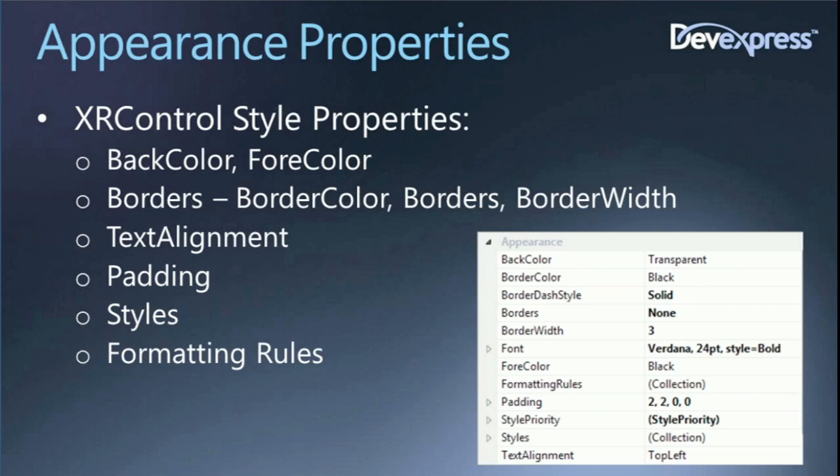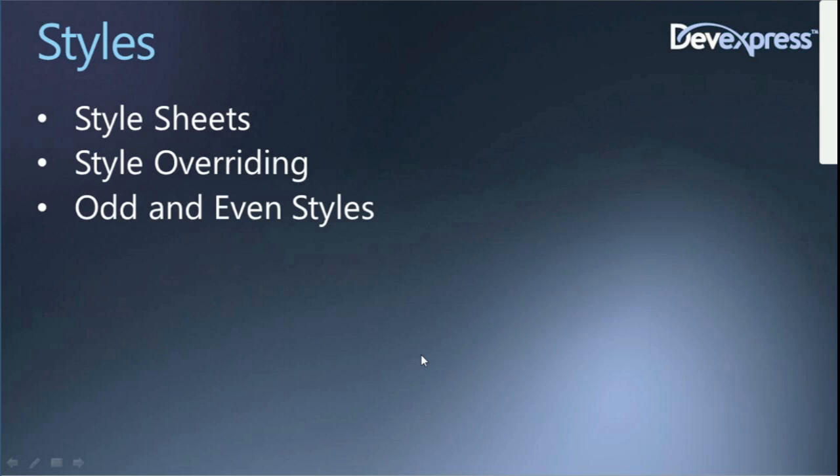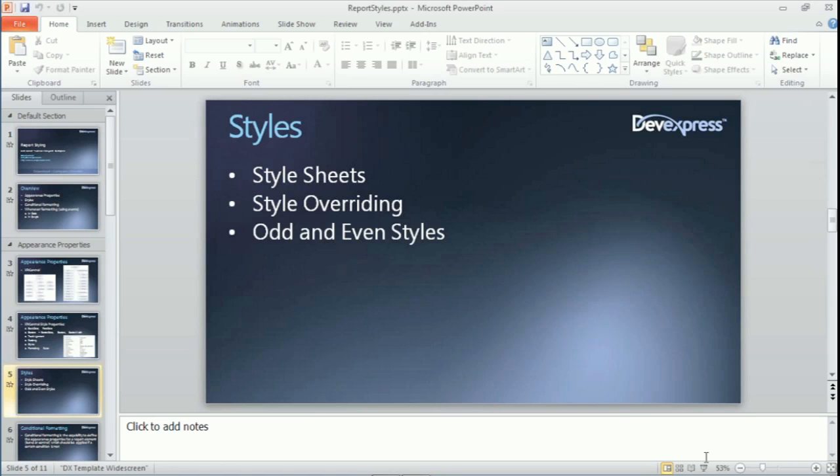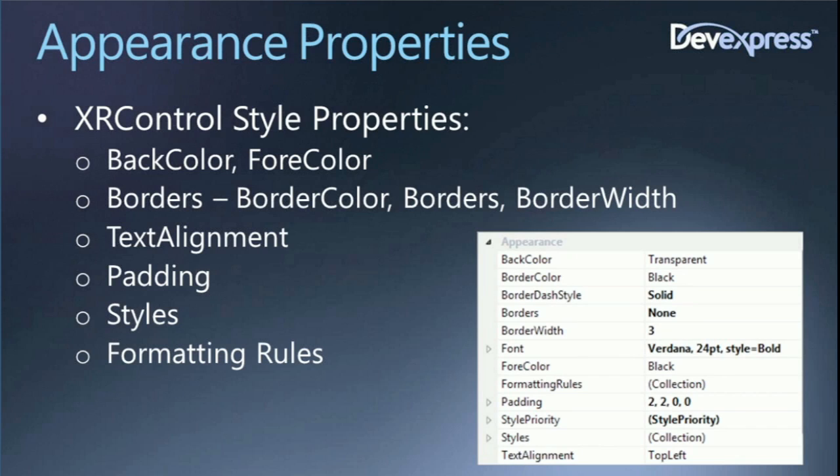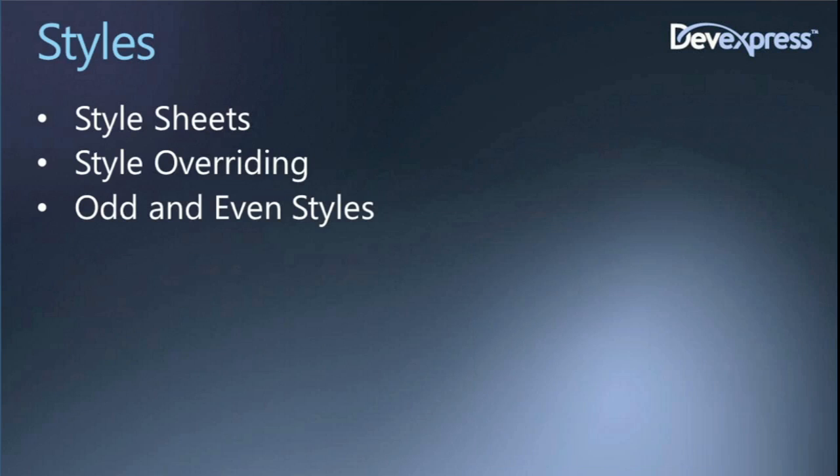We have text alignment, padding, and then we have this cool little styles property that we can set up, and I'll show you how to use those in the reports. Next, we're going to talk about style sheets and how to override styles.